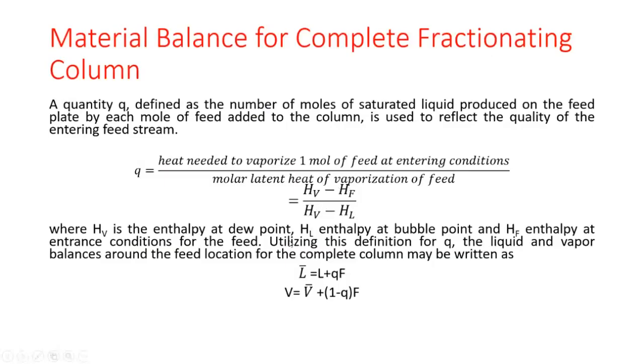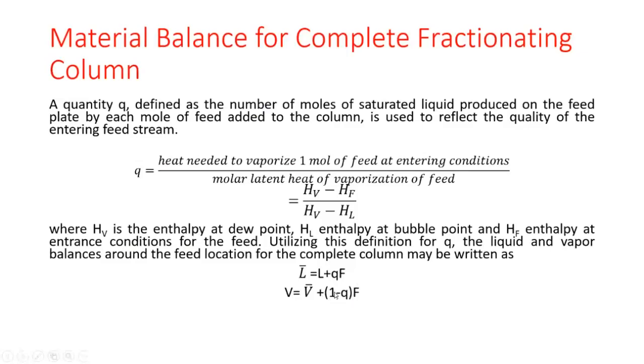Utilizing this definition of Q, we have the relation L bar, the liquid flow rate in the stripping section, equals L, the liquid flow rate in the rectification section, plus the liquid fraction coming from the feed, that is Q multiplied by F. Whereas the vapor flow rate in the rectification section, V, equals V bar, the vapor entering the rectification section from the stripping section, plus the vapor fraction coming from the feed.